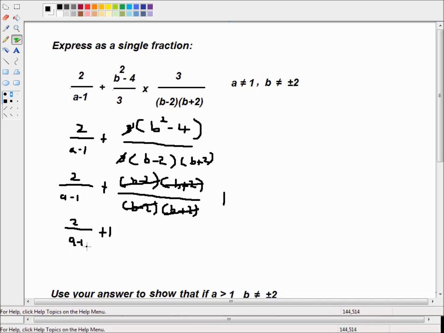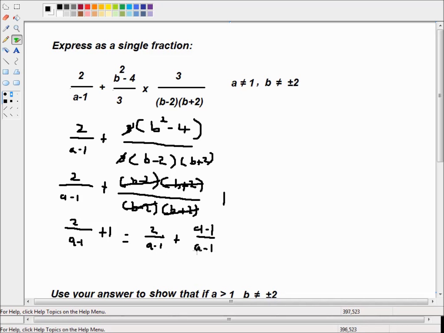Okay, well we can combine this if we say that 1 is the same as a minus 1 over a minus 1. So this is equal to 2 over a minus 1 plus, this time our 1 is the denominator over the denominator, so that's just a minus 1 over a minus 1.